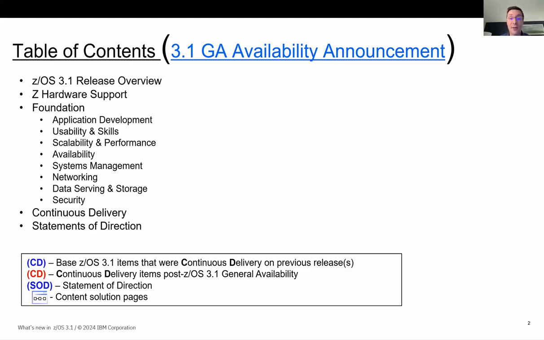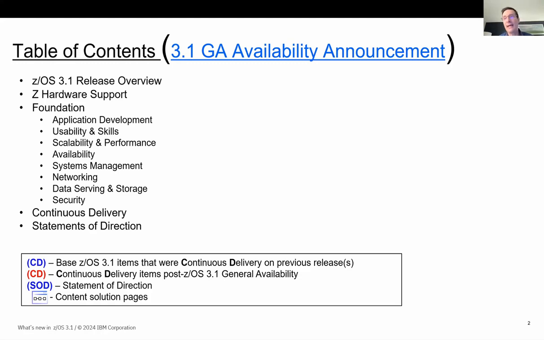As you know, in zOS, we deliver functionality through something called a continuous delivery stream that allows us to deliver new functions via new function PTFs throughout the life cycle of the zOS release. There will also be read continuous delivery items that were delivered post zOS 3.1 general availability, which of course was September of last year.